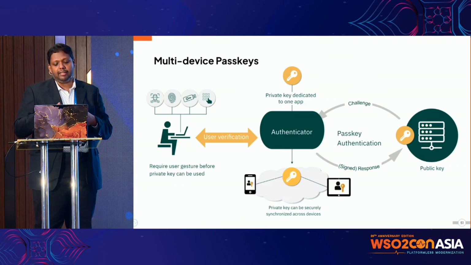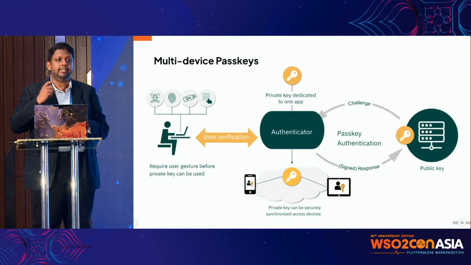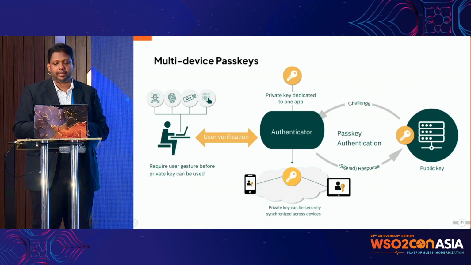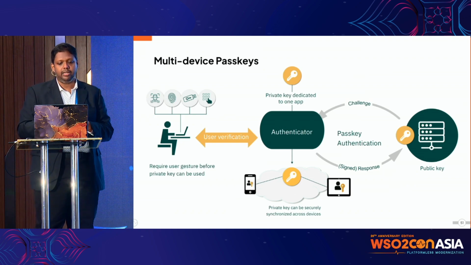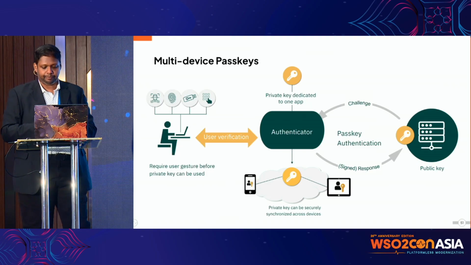For the convenience, they use a single key and synchronize it across multiple services in the cloud, right? So it gives you much more convenience, but of course the key is shared across multiple services in that ecosystem, right? So it's still a good balance between convenience and security.